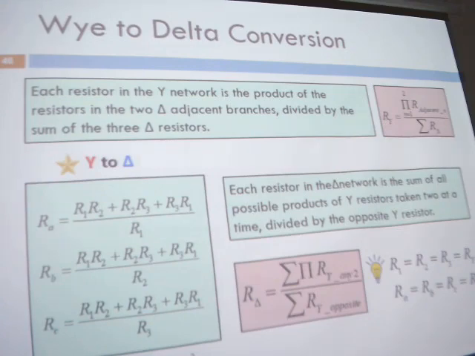Here I say if we have the same Y, it will become like this. So this one we need to remember. Why? Because I'm not sure what you learn from the electronics machine.